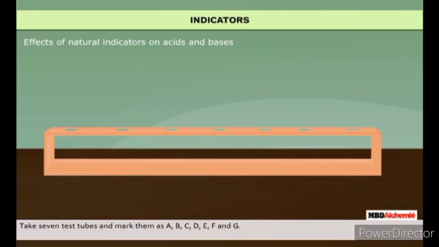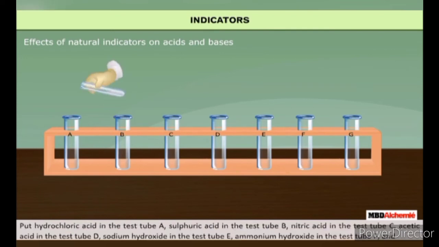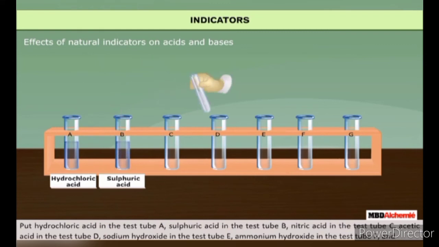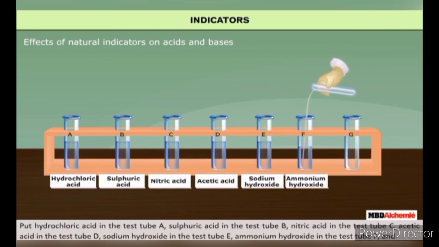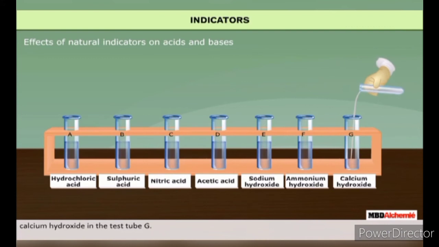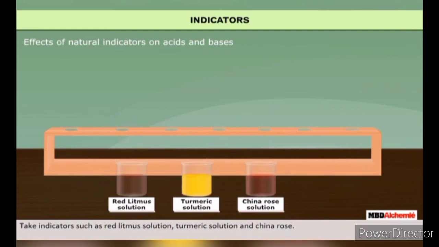Effects of natural indicators on acids and bases. Take seven test tubes labeled A, B, C, D, etc. Put hydrochloric acid in test tube A, sulfuric acid in test tube B, nitric acid in test tube C, acetic acid in test tube D, sodium hydroxide in test tube E, ammonium hydroxide in test tube F, and calcium hydroxide in test tube G. Take indicators such as red litmus solution, turmeric solution, and China rose solution.